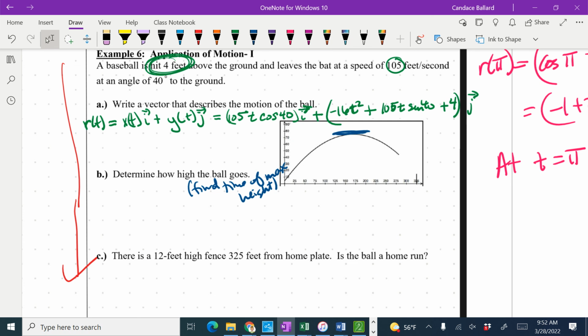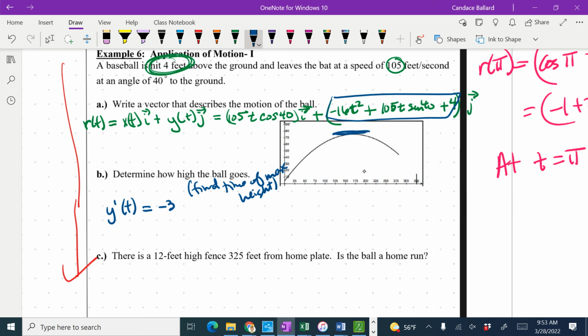So y prime of t equals. We're looking at this piece right here, and we're going to take the derivative of it. They wrote it backwards. What's the derivative of negative 16t squared?